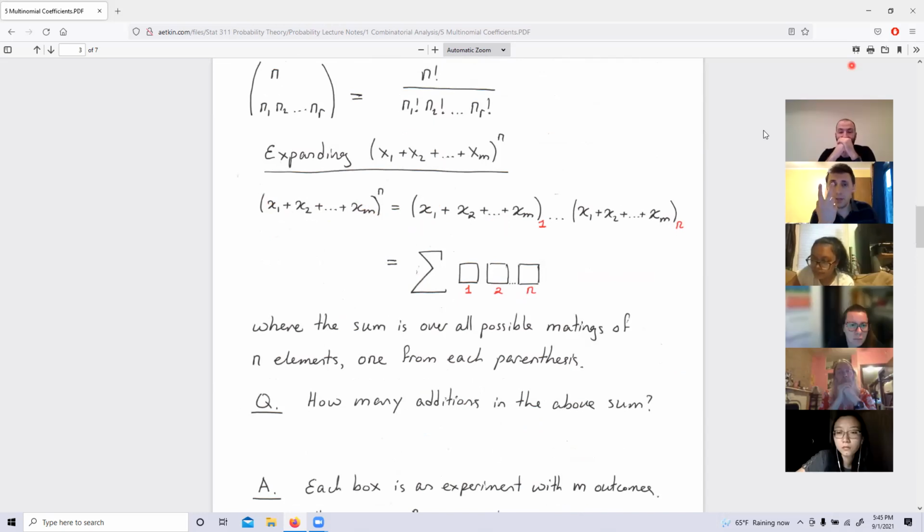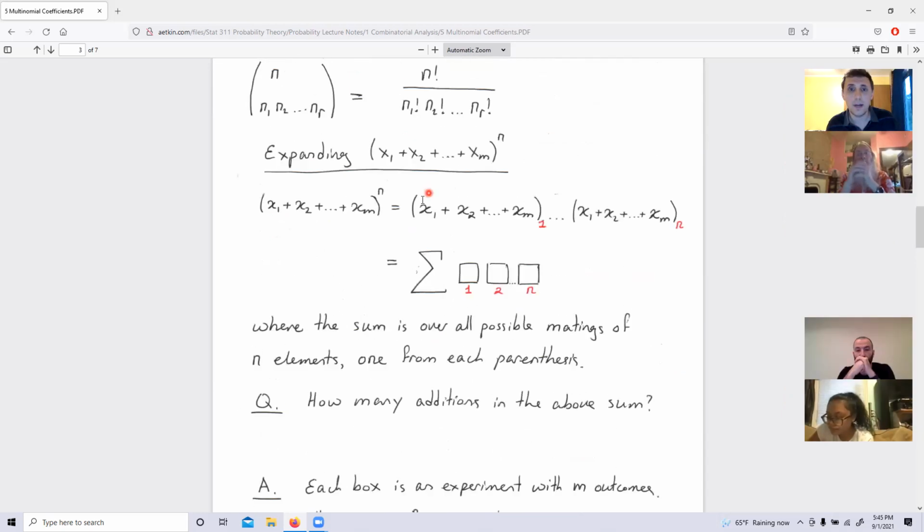Remember, we did the same thing when we had (x1 plus x2) to the power of n. That was last lecture. In this lecture, we just generalize it. The formula isn't as nice, but you can imagine what will happen in the situation. Now, if I multiply those parentheses, then we have parentheses 1, parentheses 2, all the way to parentheses n.